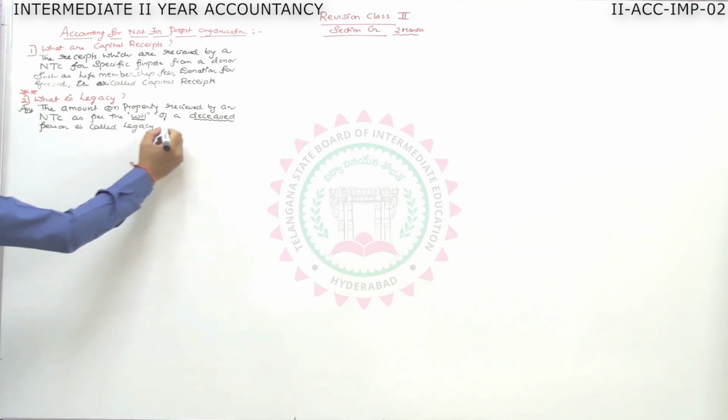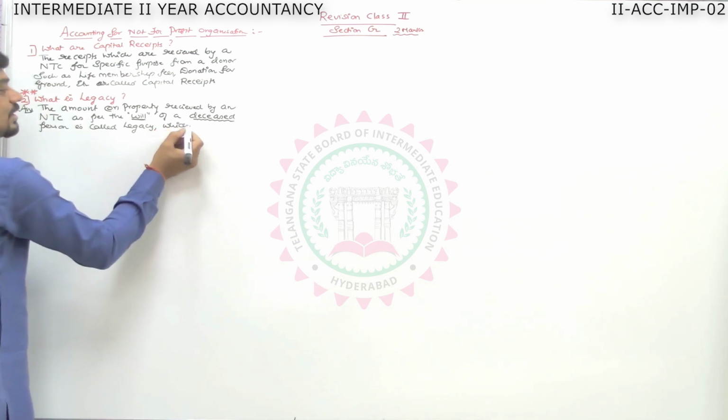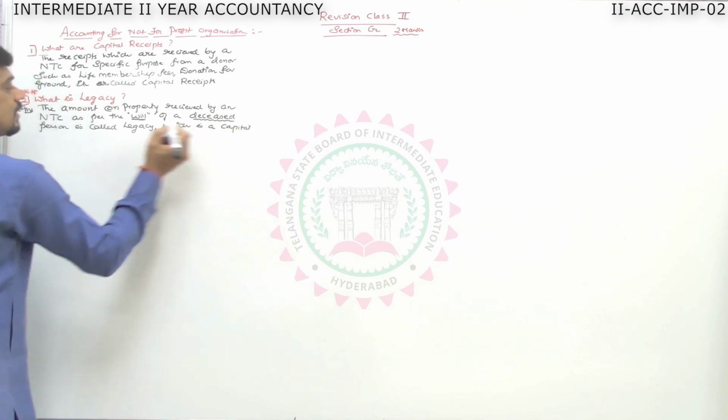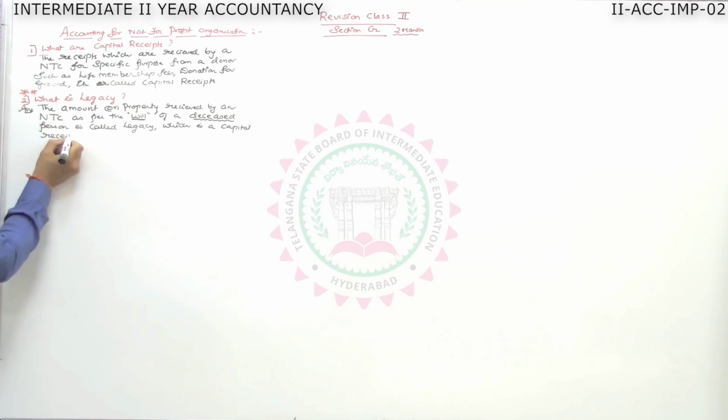Comma. What we are going to write? We'll say which is a capital receipt. Enough. You can stop here. If you want, you can write which is a capital receipt and hence shown as a liability. You can write that also.